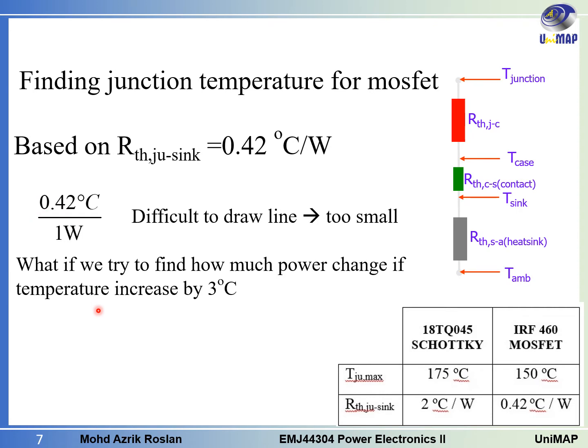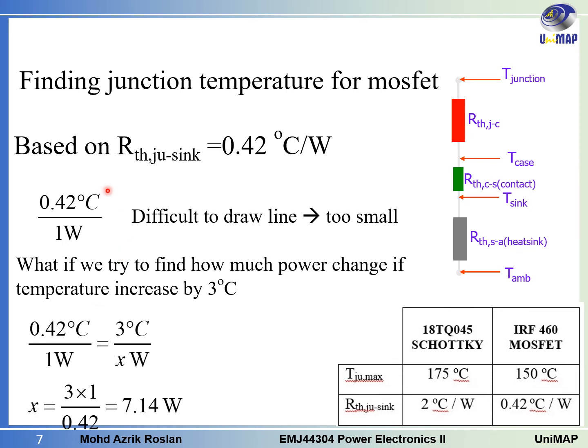So we want to find how much power changes if the temperature is increased by 3 degrees C. So we have to use this one, 0.42 degrees C per 1 watt equals 3 degrees C per x watt. This x we have to find, how much the power dissipate, power change, when we increase the temperature by 3 degrees C. So when you find the value of x, the value is 7.14 watt.